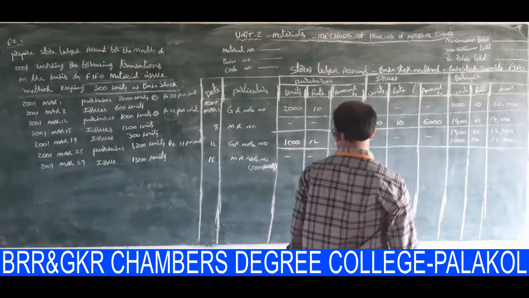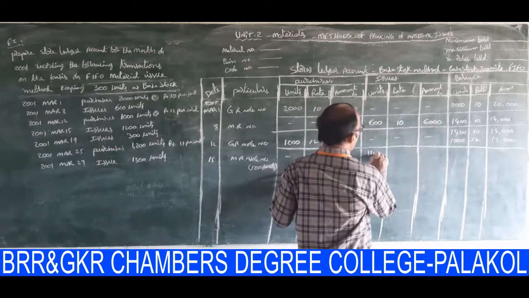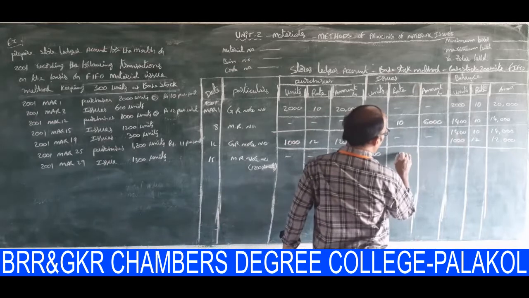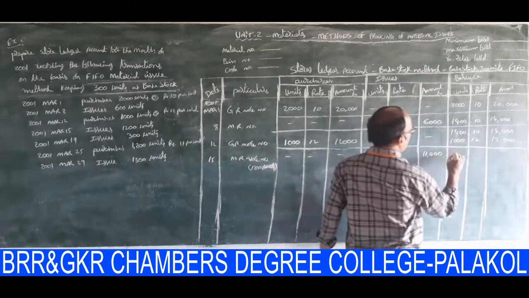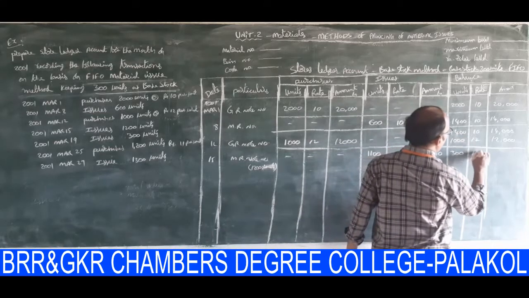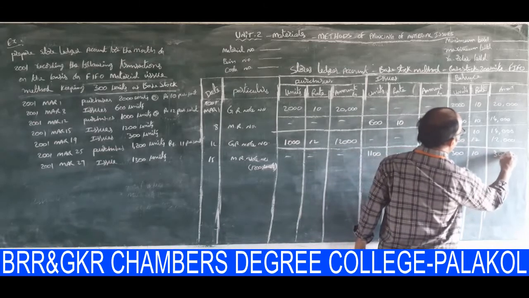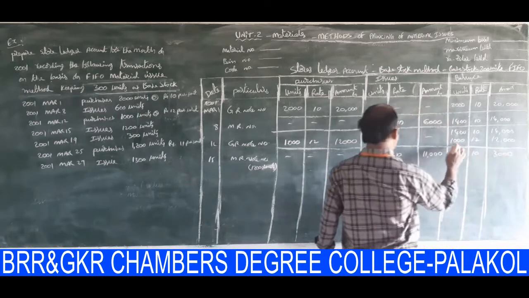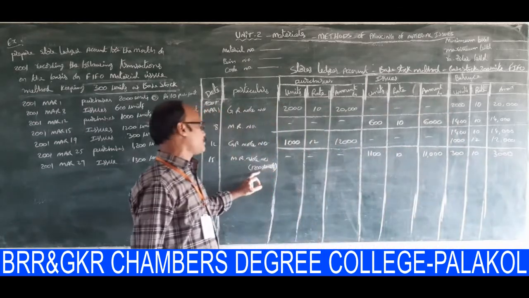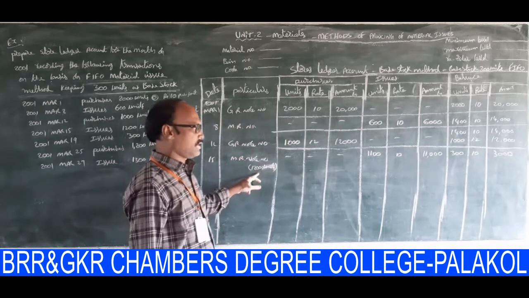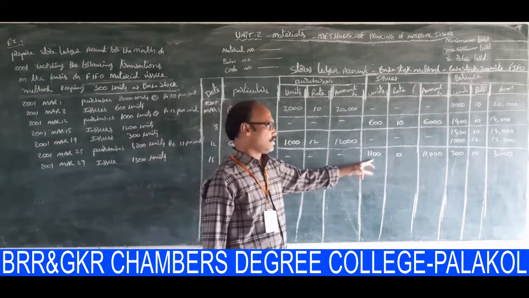So that's why 1100 into 10 is equal to 11,000. 300 units, 10, 3,000. Next, 100 units required, because the total number of units wanted to issue is 1,200. Here we have issued 1,000 only.